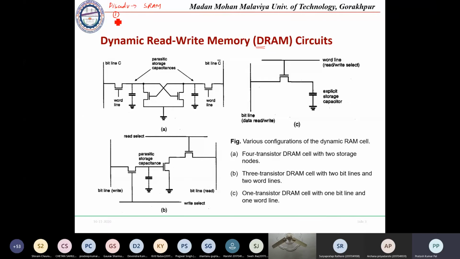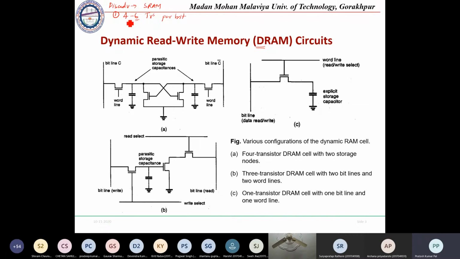Some of the disadvantages of SRAM are that it requires 4 to 6 transistors per bit to design. In SRAMs we have seen the operation of the 6T SRAM.